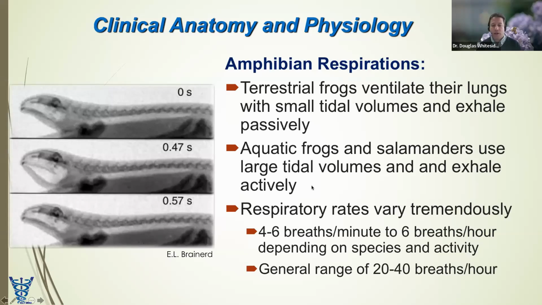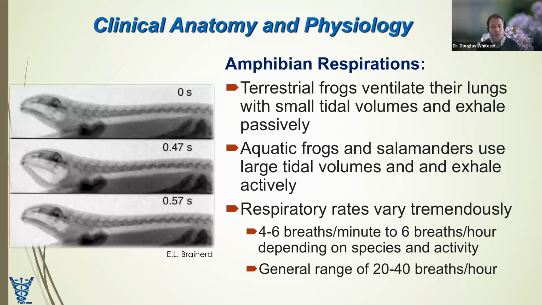And one of the big things when it comes to amphibian respirations is that the respiratory rates can actually vary tremendously. It can be anywhere from 4 to 6 breaths per minute, particularly when the amphibian's in a state of high energy or high activity level, and then to 6 breaths per hour, depending on the species. But in general, when we look at some of the studies that have been done looking at the general range of amphibian respirations, most of the species tend to fall between 20 to 40 breaths per hour.